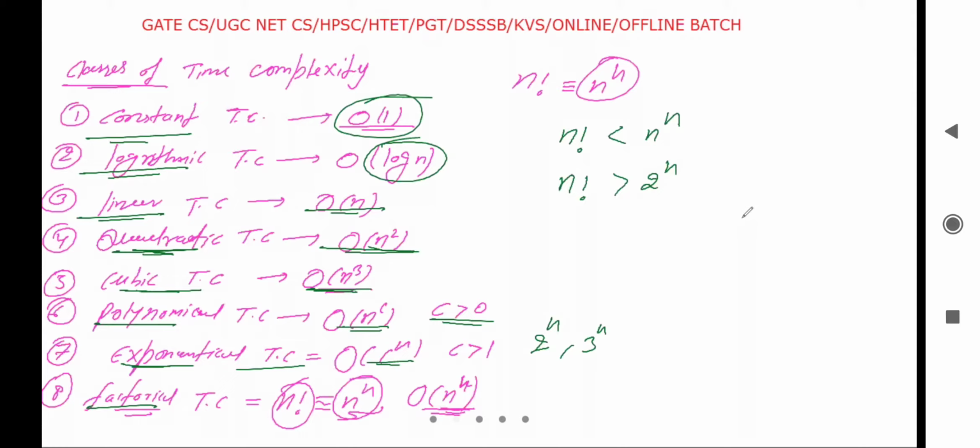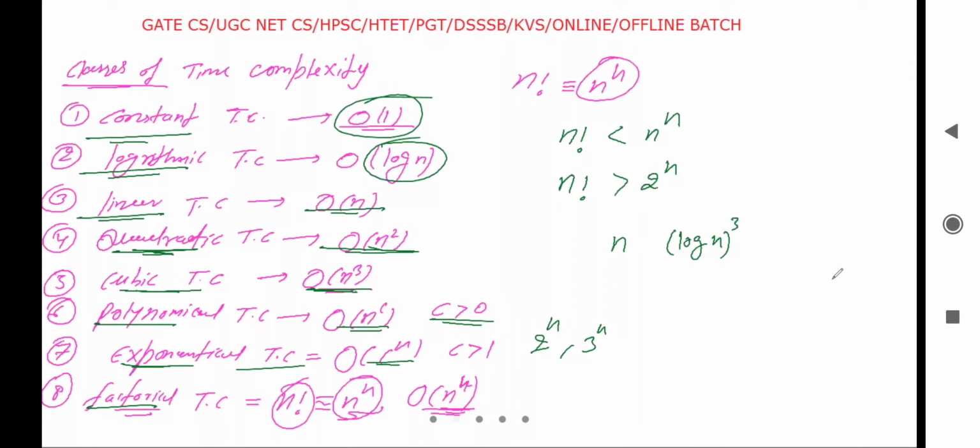Next is this one, assume n and log n power 3.